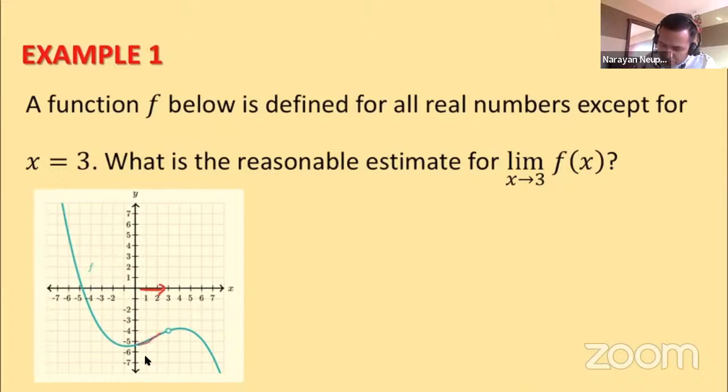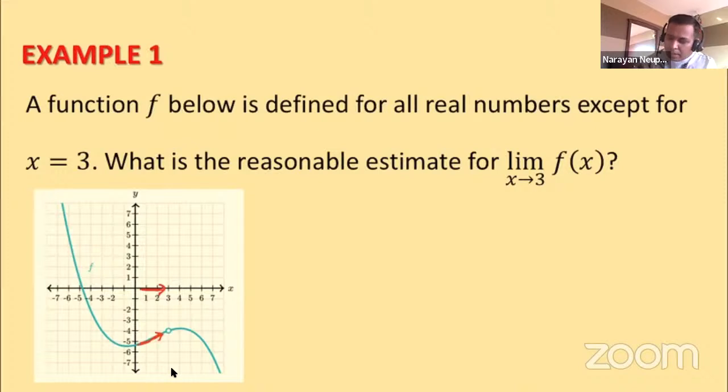And what you'll notice is the value of the function is getting closer and closer to -4, because when x approaches 3, the function is going upward like this, and it approaches this y value here, which is equal to -4.